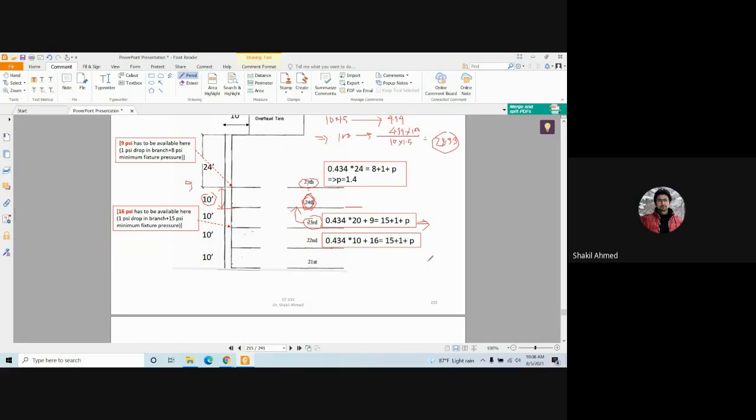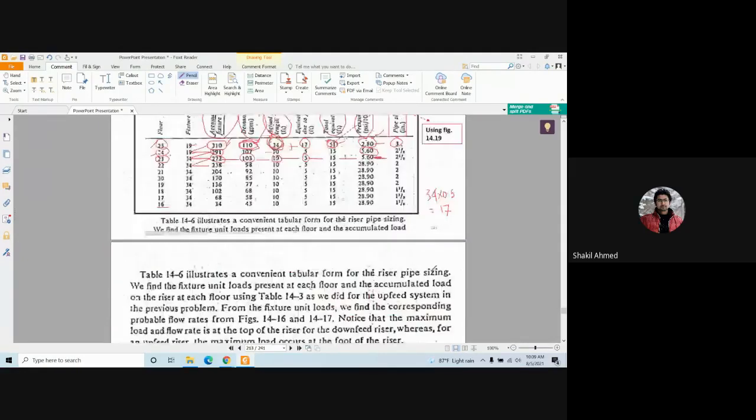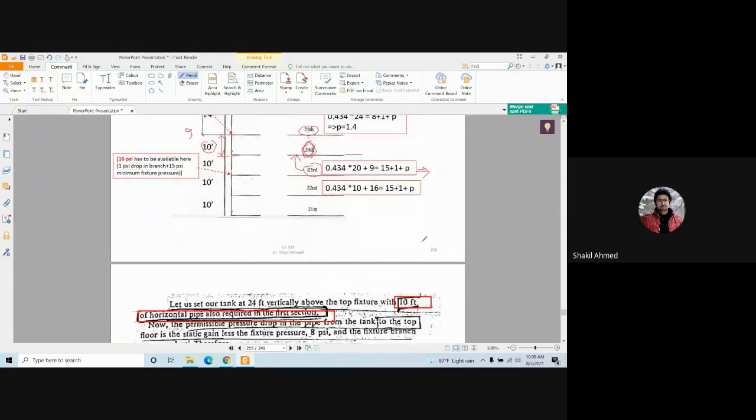What I meant is, if this is like 2, 3, 4, then here it will be between 2 and 3, that means 2.5 or 2.3.